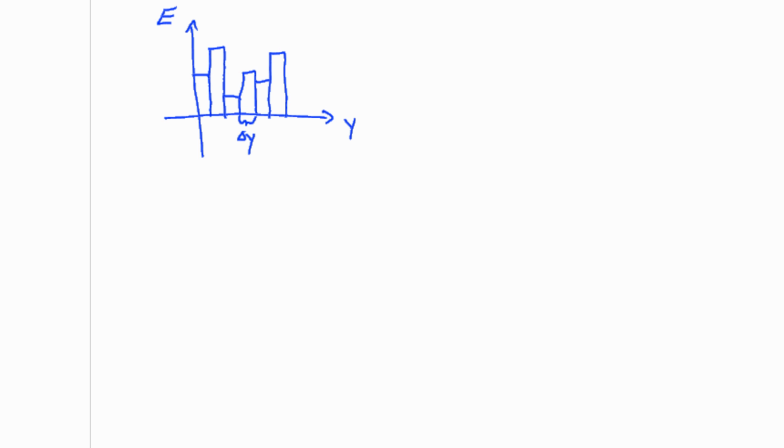Now, if I were to sum over all these segments, I'd find out the total strength of the electric field. So if I were to write this down, the total electric field is then going to be the sum of the electric field at each one of those points times the width.